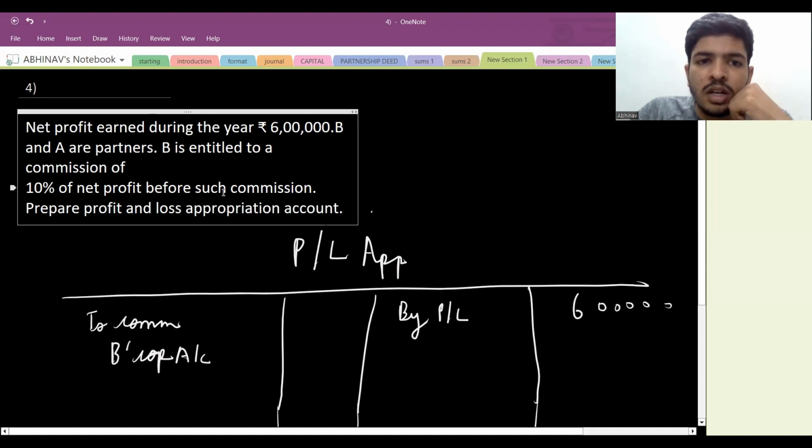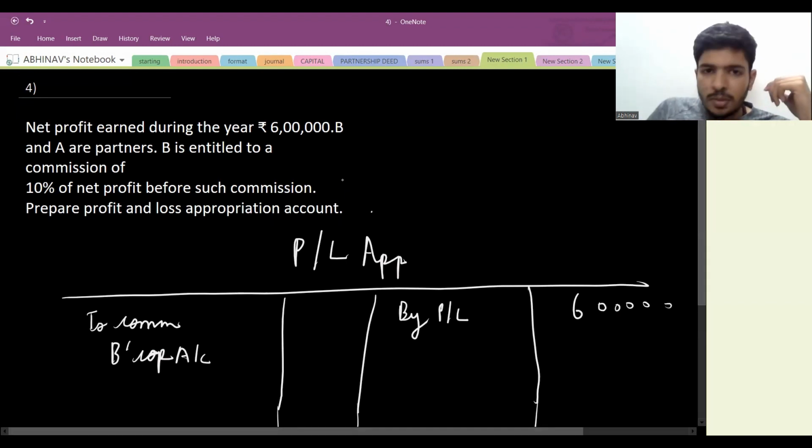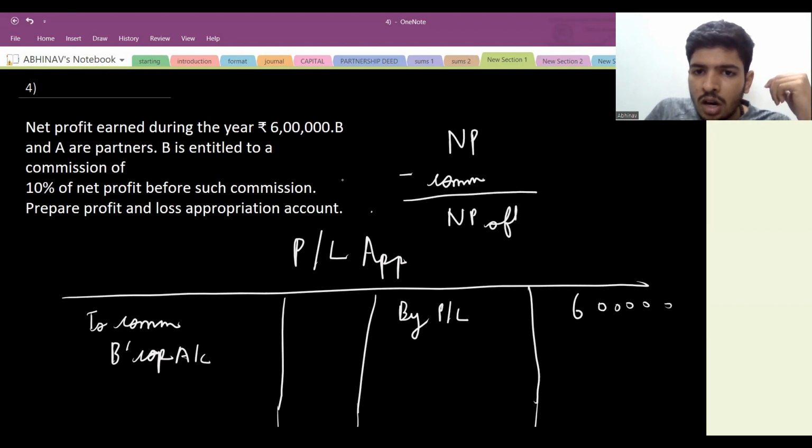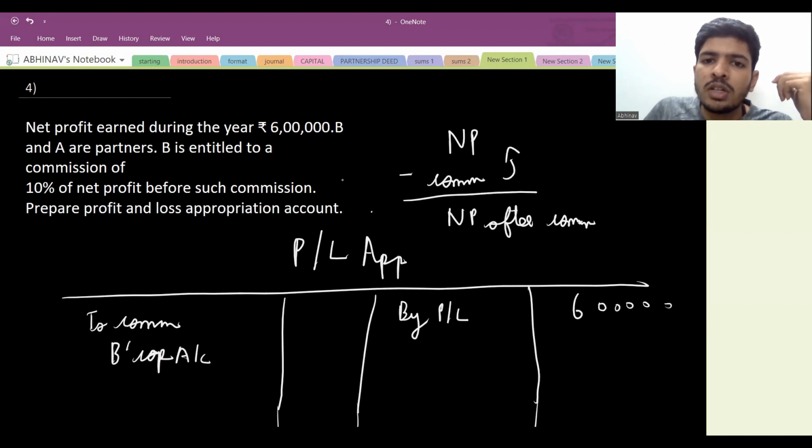Correct? 10% on net profit before commission. What does that mean? That means if net profit is this, then you subtract commission, then you get net profit after commission, right? So the commission is 10% of net profit before commission.